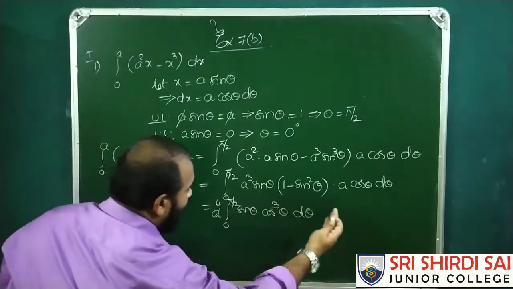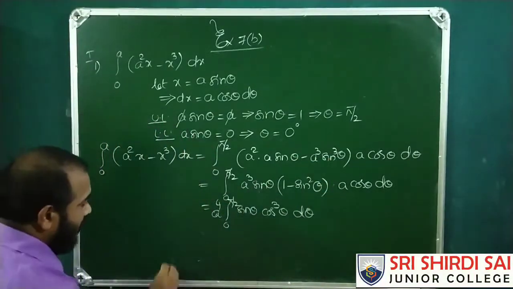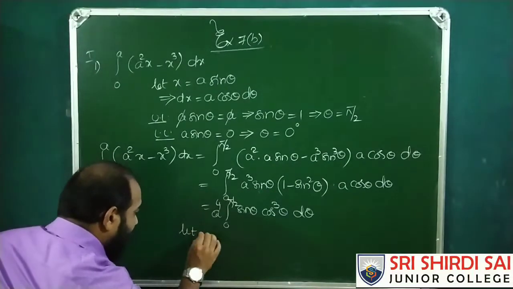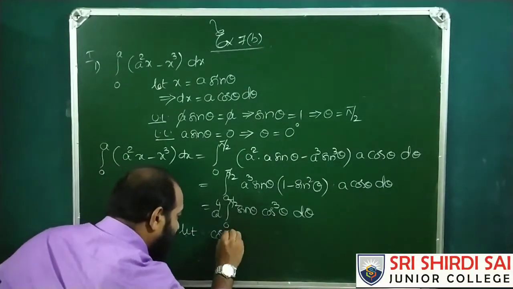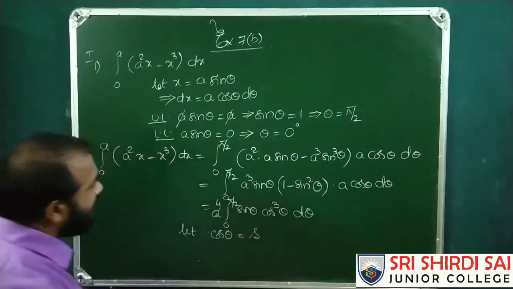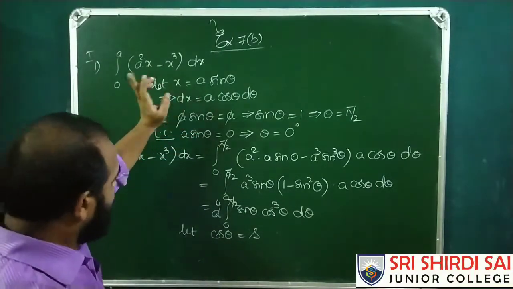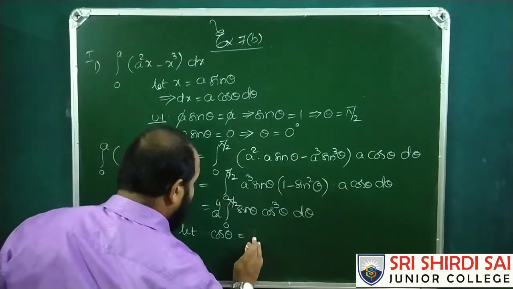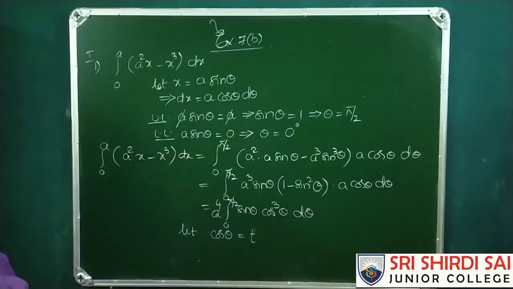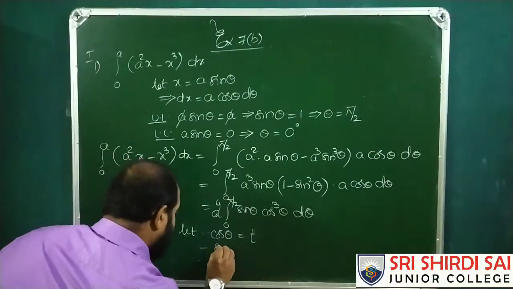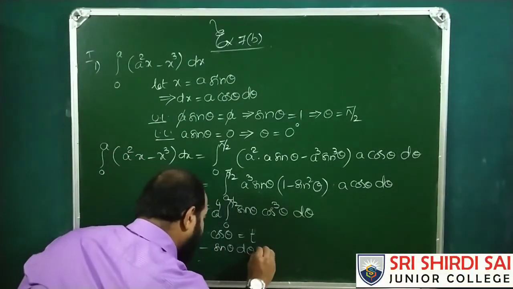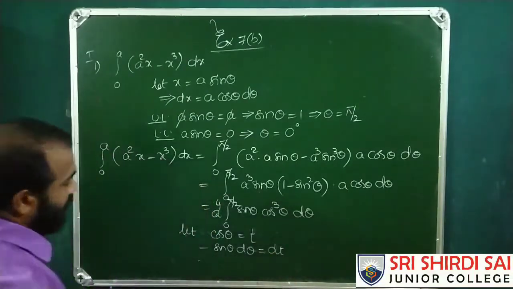I'll go for substitution again. Let cos theta equal t. Then minus sin theta d theta is equal to dt.